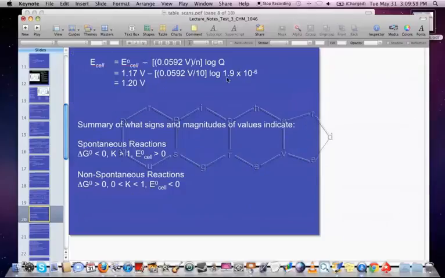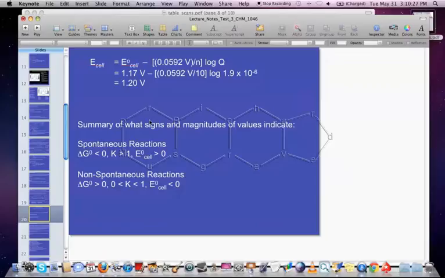So N is 10, and then it's log of the Q value I calculated, 1.9 times 10 to the negative 6. I do all that calculation, I end up with 1.20 volts. You'll find that these non-standard cells usually don't vary that much from the standard cells. This was 1.17 volts for the standard, and this only went up by 0.03 volts when we changed the concentrations the way we did.